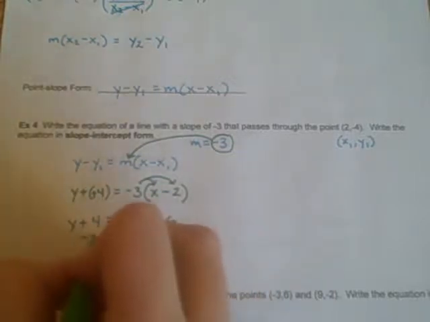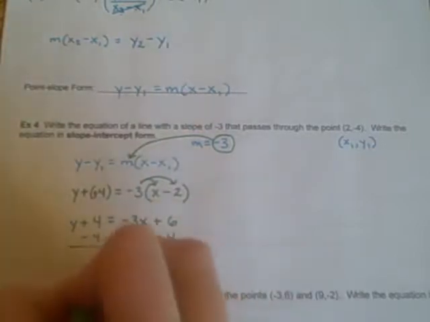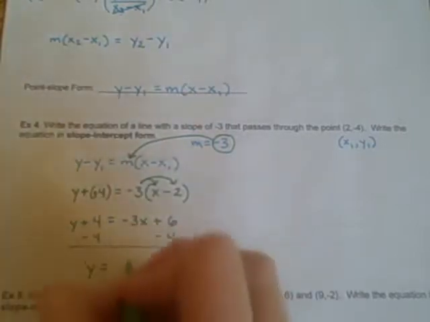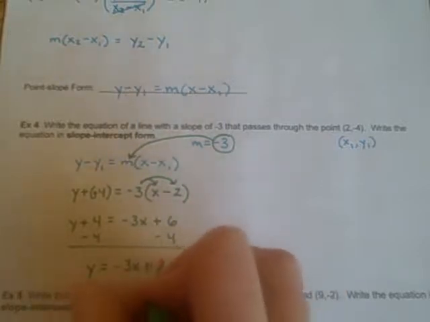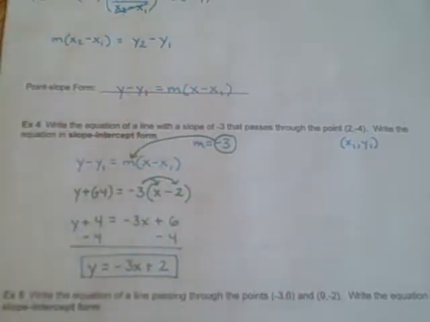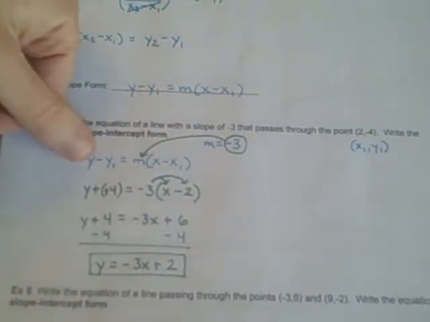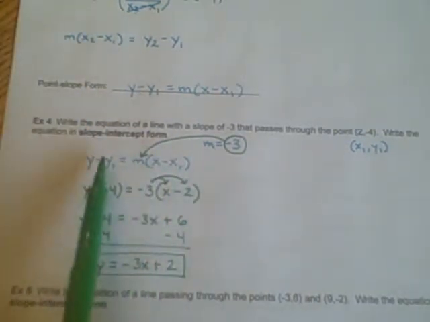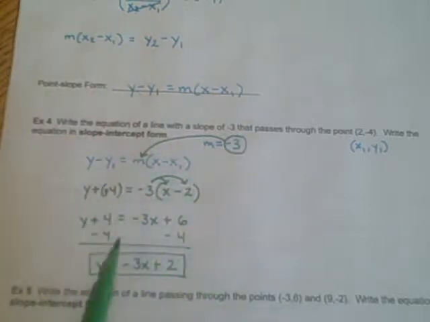All I need to do is get rid of this 4 by y, because I need y to be by itself in slope-intercept form. So y equals -3x plus 2. All right. So using point-slope form just requires you to plug in a point, your x1 and y1, and your slope, and then just do a little algebra, rearranging it so that y is isolated on the left. So now we're in y equals mx plus b form.